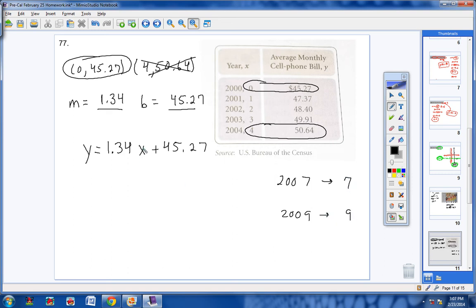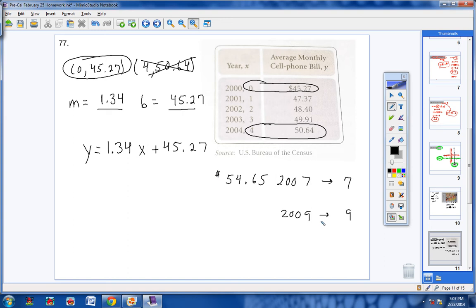So I come over here, and where the x is, I'm going to substitute a 7. So now it's just a calculator problem. I simply take 1.34 times 7 plus 45.27, and I will get the estimated amount in 2007 to be $54.65. Okay?